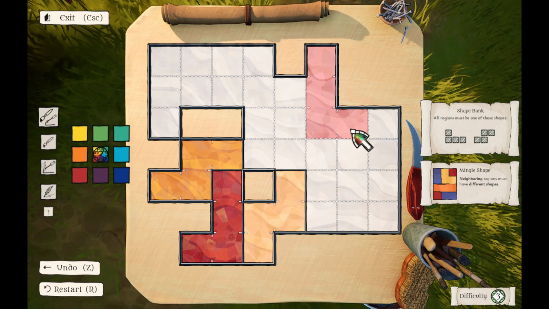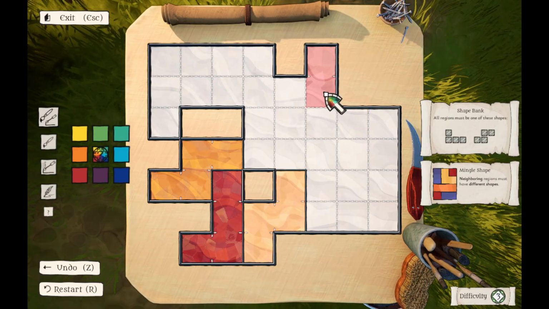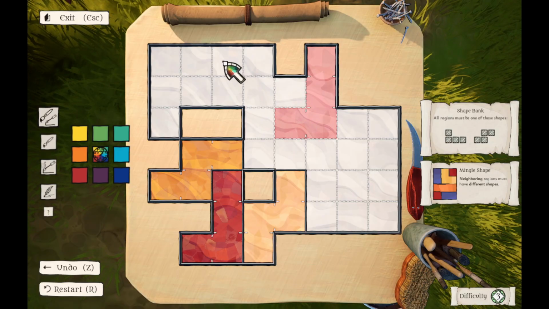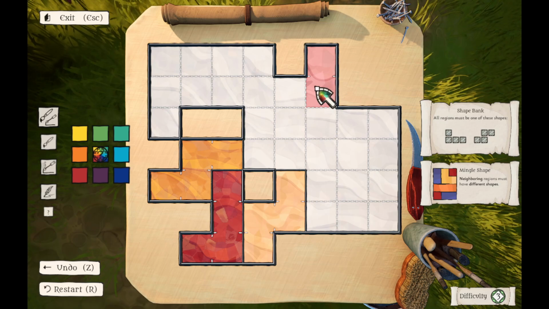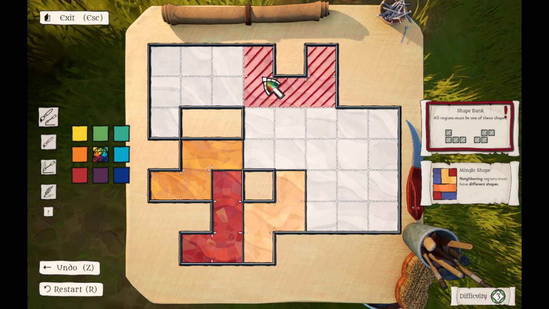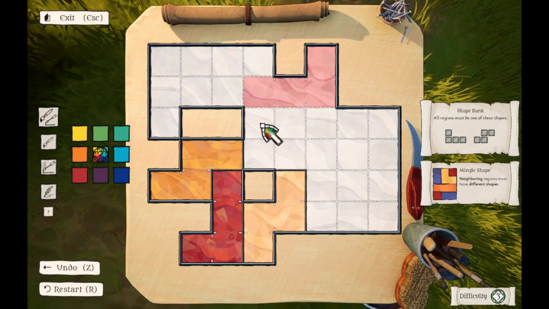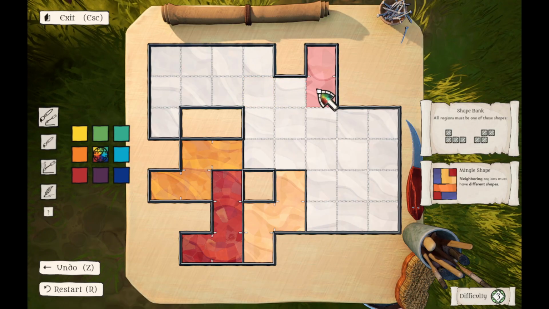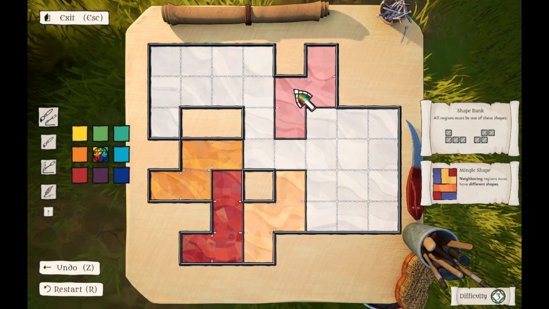If this was this, then there's no way to fill in all around it with S shapes and still leave the corners. If it was now like this, then completely scuppered on that bit. If it was now like that, and again there's no way of getting S shapes that follow the Mingle Shape rule, so I think that has to be an S.